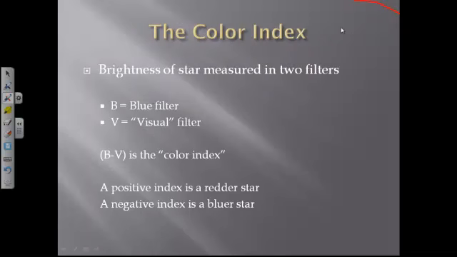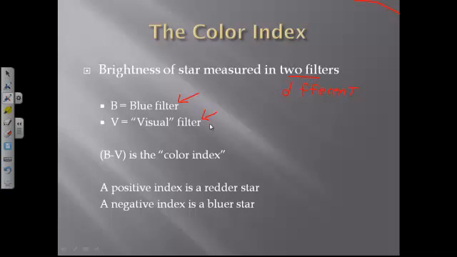The color index is the brightness of the star measured in two different filters. So we actually look at two different wavelengths of light, and we measure how bright the star appears to be in each of them. There are a number of different filters that can be used, but the standard ones are that we look at the star in blue light, and we look at the star in what we call visual light, a yellowish-green filter.